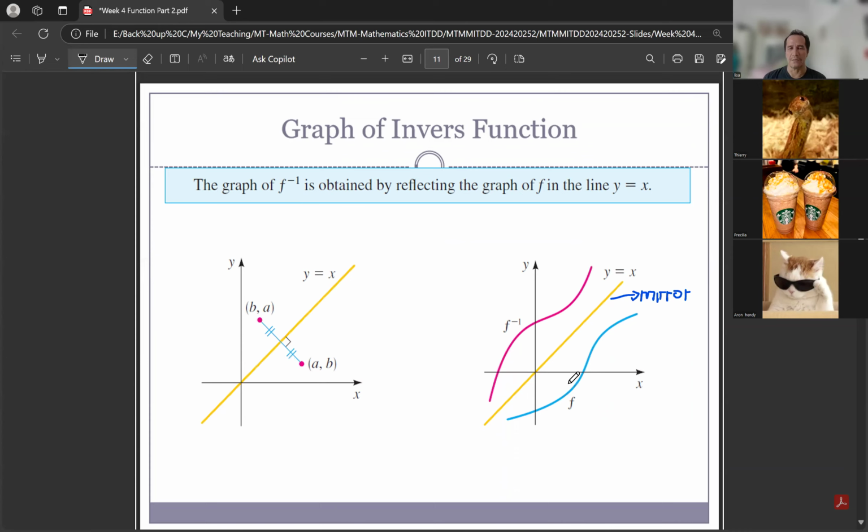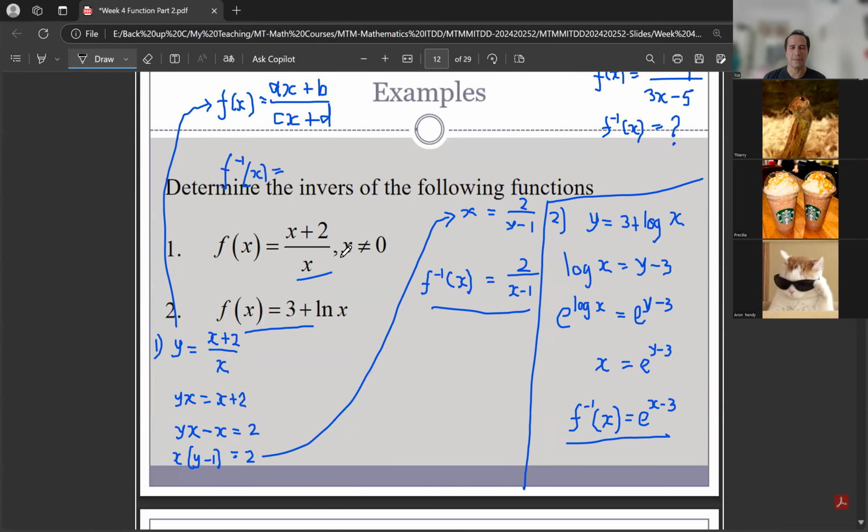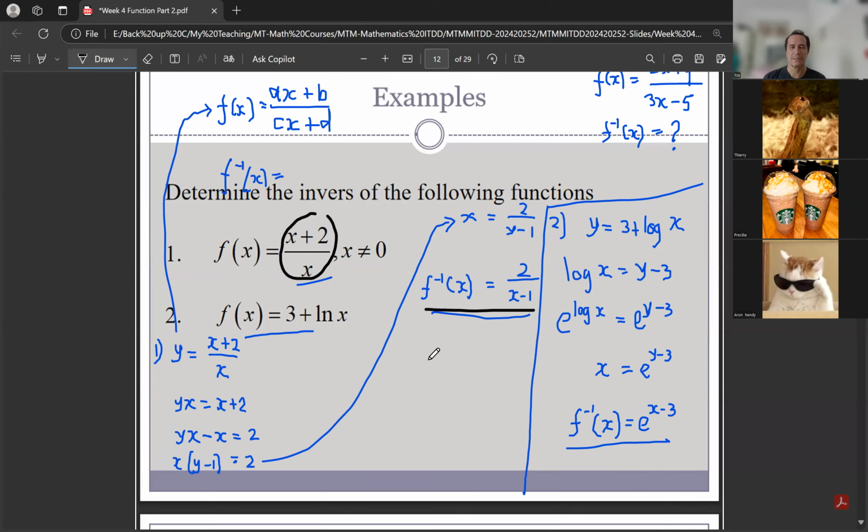Actually, they are mirroring each other. The mirror is the line y is equal to x. And this is how to find the inverse of a rational function. This is a rational function, and we get the inverse like this.